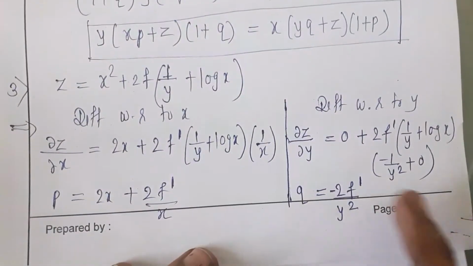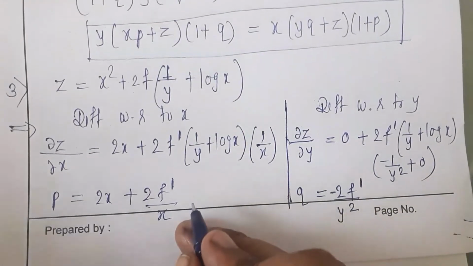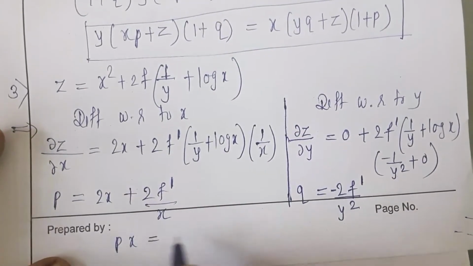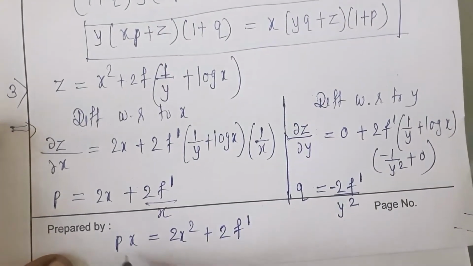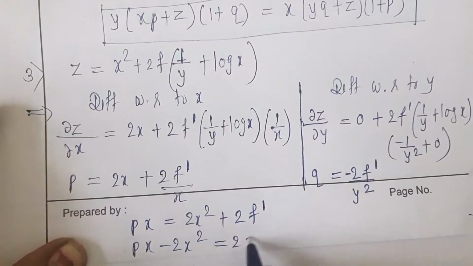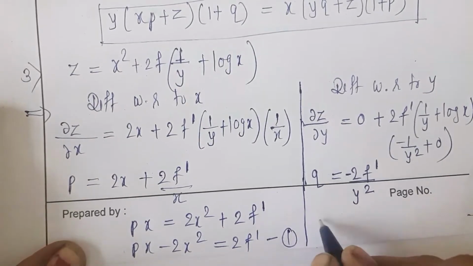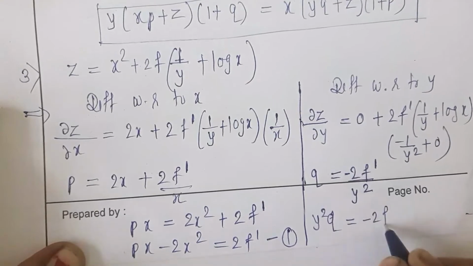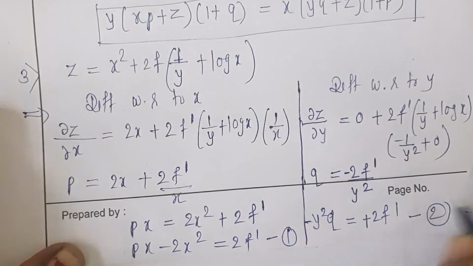Now find f dash from here and substitute in this equation. You can simplify this by multiplying it by x. So px is equal to 2x square plus 2f dash. Now px minus 2x square is equal to 2f dash. This is equation number 1. And here y square into q is equal to minus 2f dash, so if we take the minus across, this becomes plus. This is equation number 2.